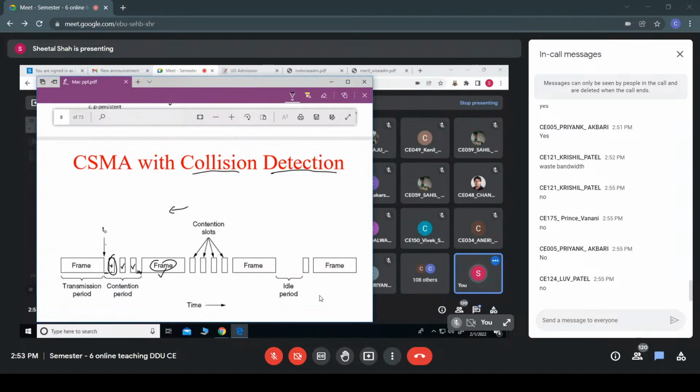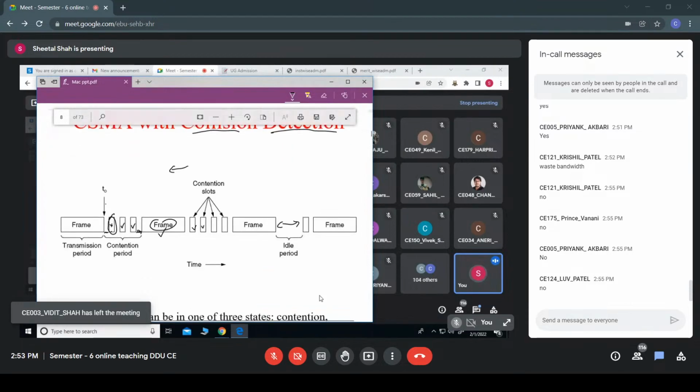Again, you may find some contention slots here, due to collisions. Only a few bits might have been transmitted, and the rest, since it collided, stopped. Like this, you have some idle period in which none of the stations is trying to transmit a frame through the channel. So this is nothing but CSMA with collision detection.